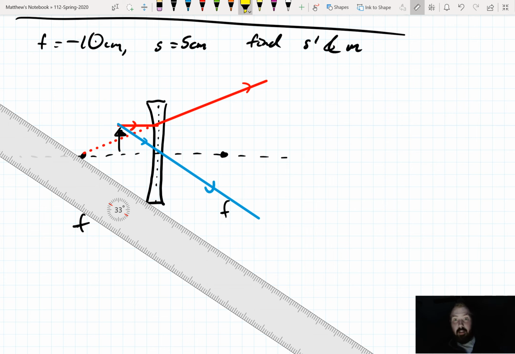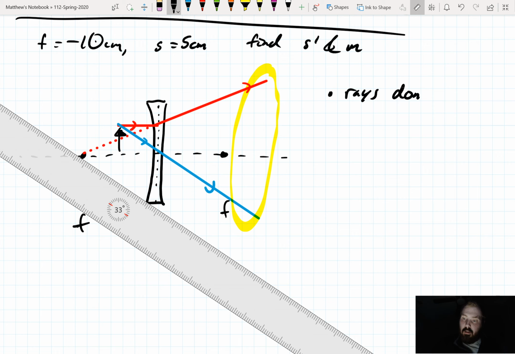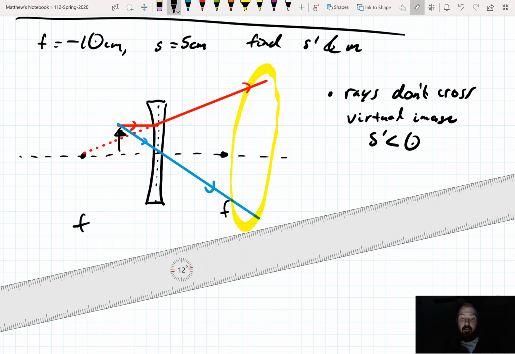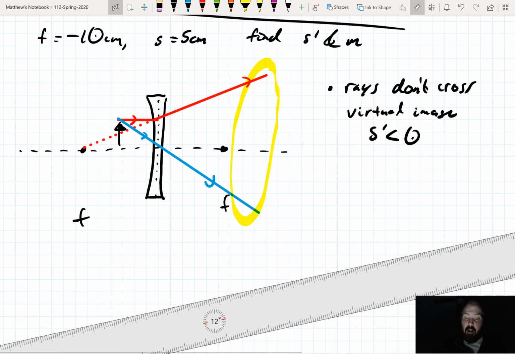All right, say it with me: real rays don't cross. So it must be a virtual image. S prime is negative. Where do they cross? Luckily, the way we've drawn this, we already have their crisscross.